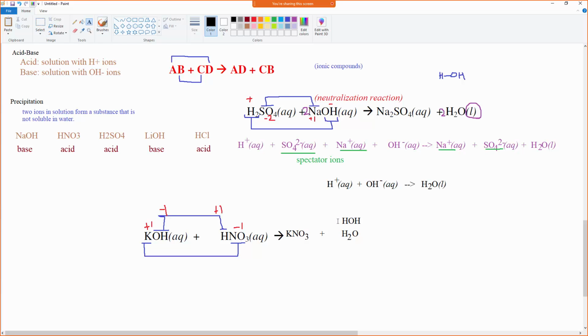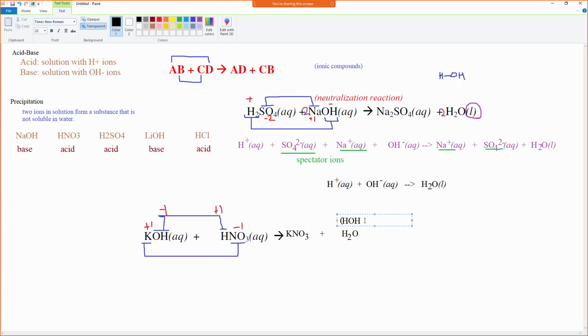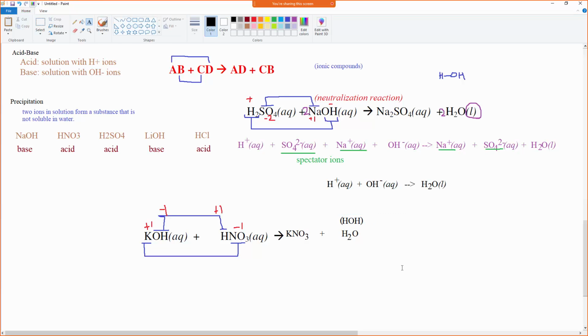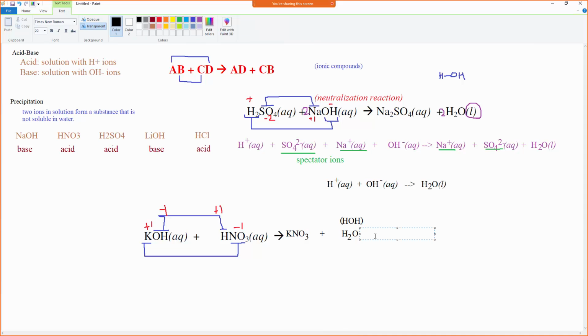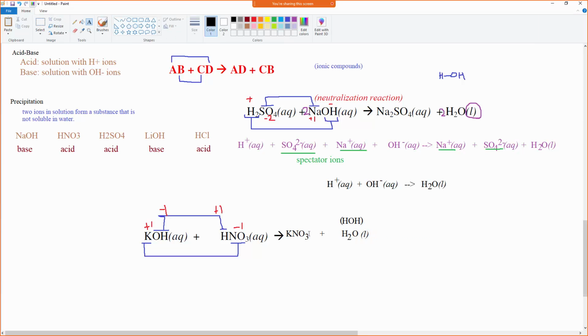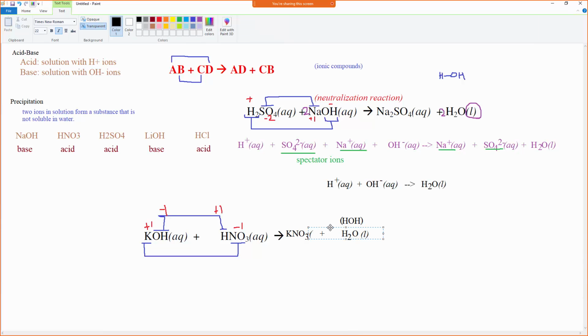All right, what about phases for each of these? Good, this one's going to be a liquid because it's water. Water's liquid. What about KNO3? Aqueous, good.